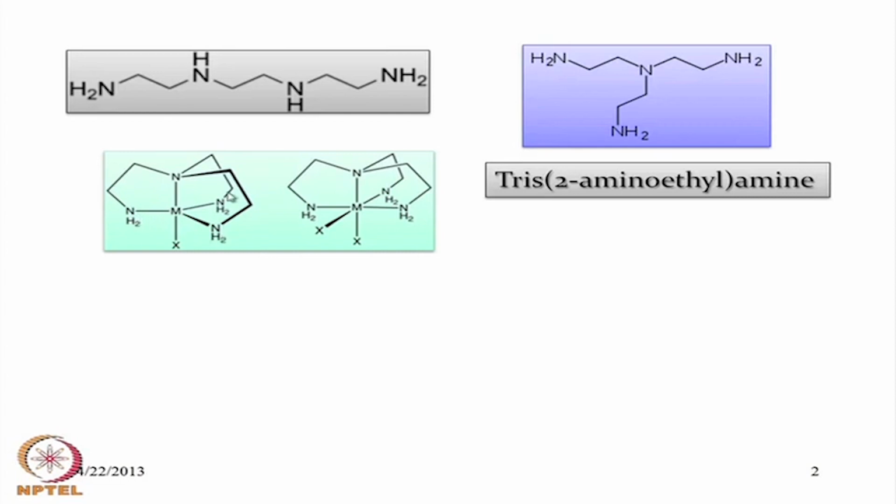The basal trigonal plane is formed from 3 NH2 groups. They are all similar. The bonding property of these 3 NH2 groups is of the same type, and these 3 NH2 groups are directly attached to the metal center, say copper 2 plus, and they remain in a single plane.